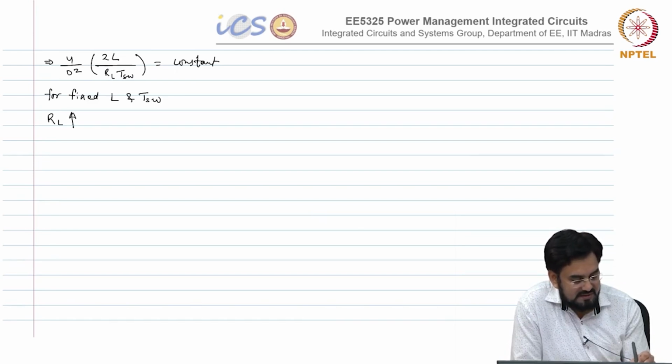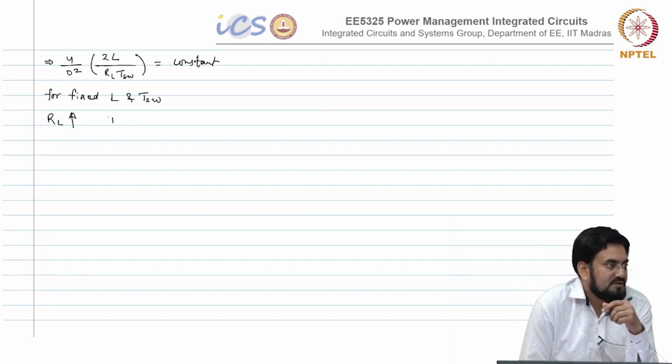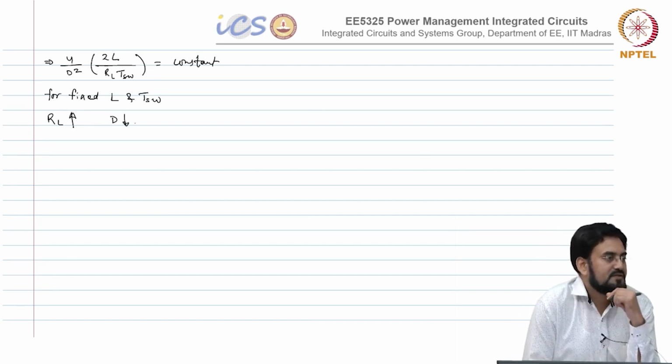If RL is increasing, in order to keep this constant, what should we do? Duty cycle has to decrease.